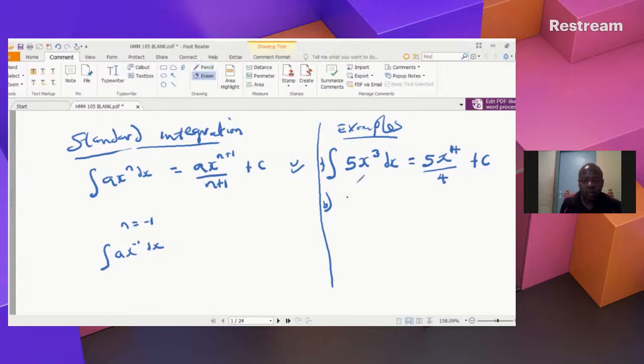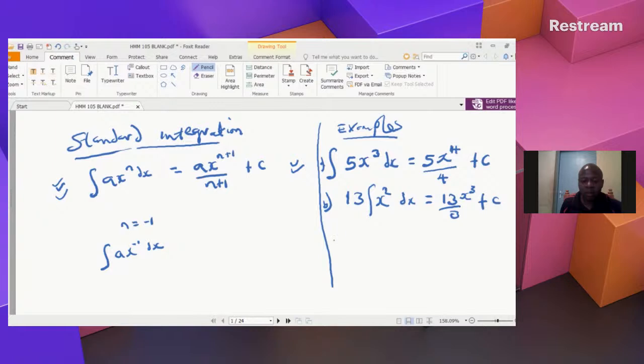The question that I want us to integrate is 13 times the integral of x raised to 2 dx. We know that 13 is a constant, so just write it. For x, which is raised to 2, we add 1 to 2 to get 3, then divide by that 3, and add the constant of integration. This is the rule that I'm applying.